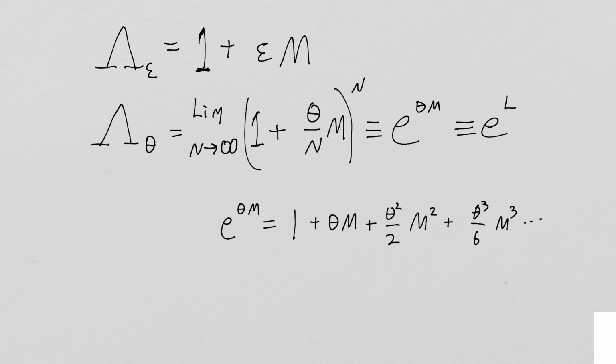You're raising e to a power, but you interpret that as this Taylor series where the matrix shows up here, the matrix squared up here, the matrix cubed up here. And calculating this is a bit of an art too, because obviously you're not going to do an infinite series, but what you typically end up seeing is a pattern emerge that allows you to combine terms and infer things from other Taylor series.